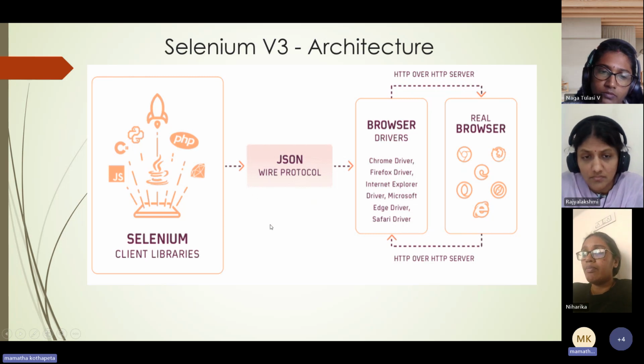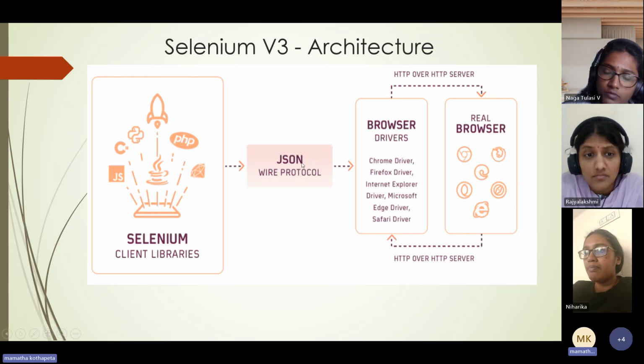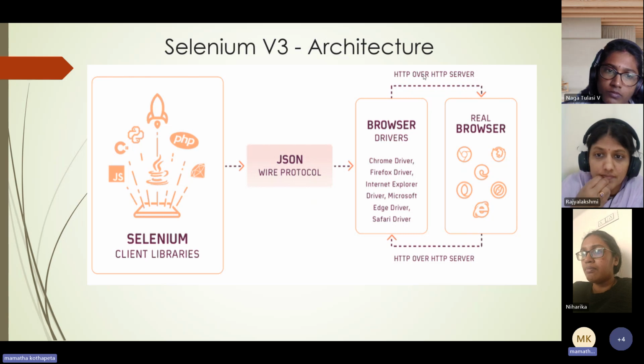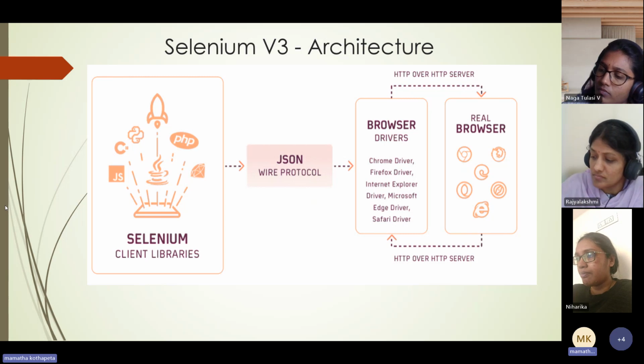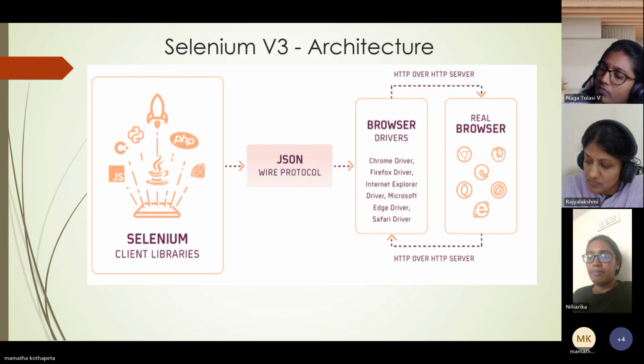Now, Selenium 3 used to communicate with the help of a JSON wire protocol. Now, what is JSON? JSON stands for JavaScript Object Notation, which is considered a lightweight format for storing and transporting data.